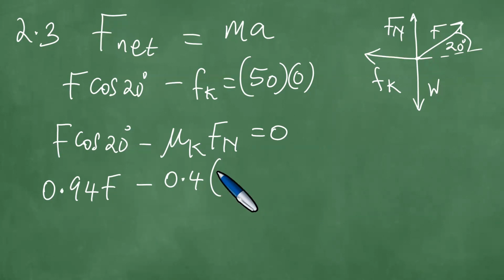What is the normal force? Let us find the normal force on the side. What is the normal force here? Let me do it in yellow to create a wonderful contrast in the colors.